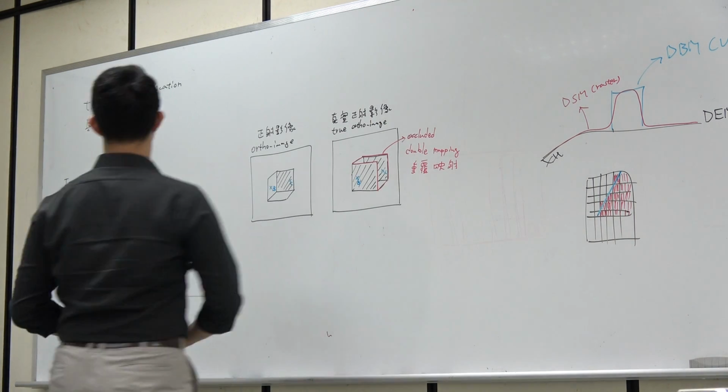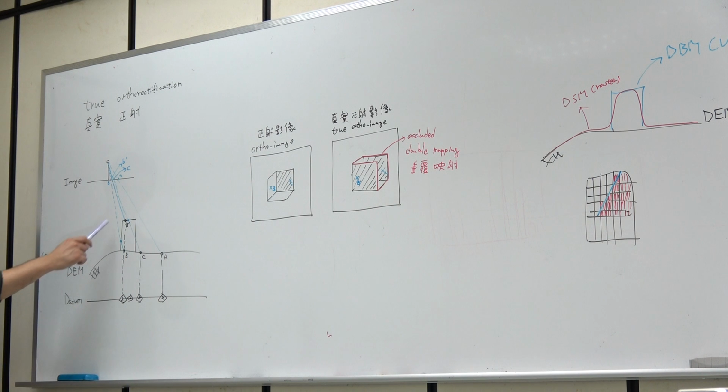You mean compare the building DBN with the image, and then to know what? Maybe the difference between them. The difference. One is in the object space, one is in image space. How do you mean the difference between them?